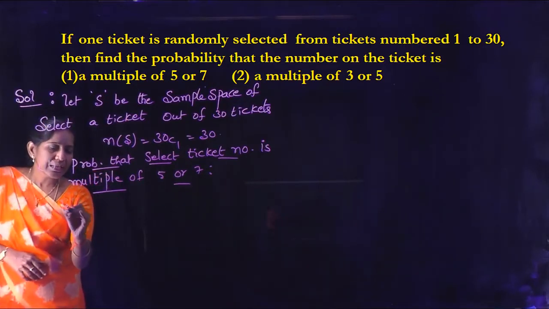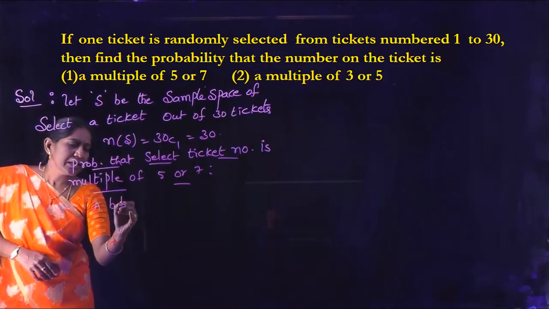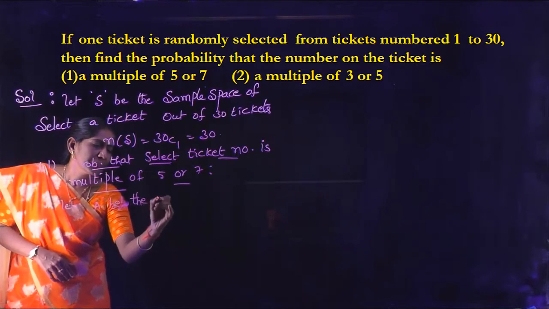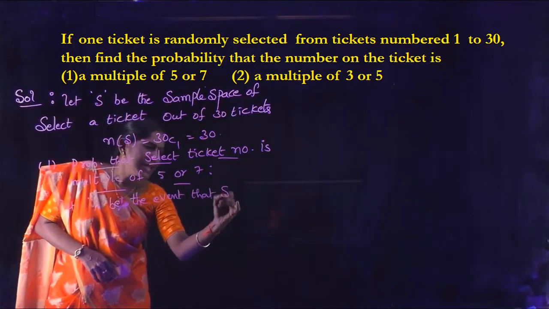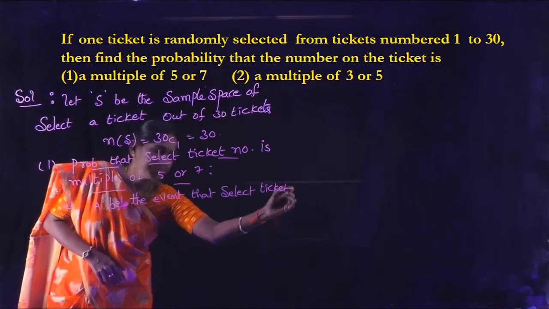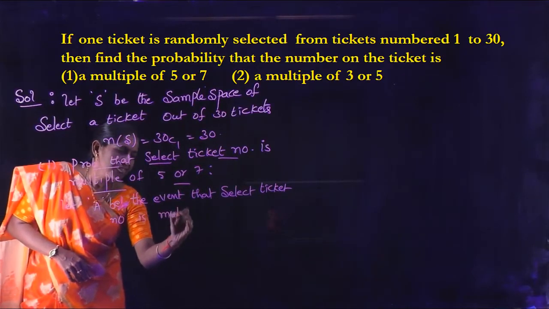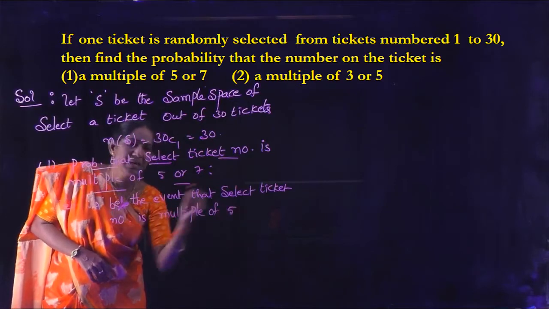Now, let A be the event that the selected ticket number is a multiple of 5.